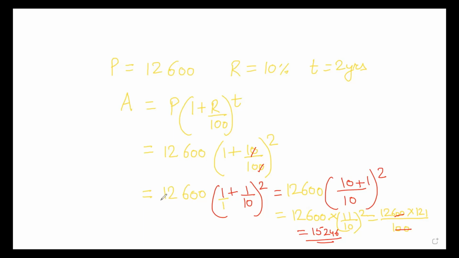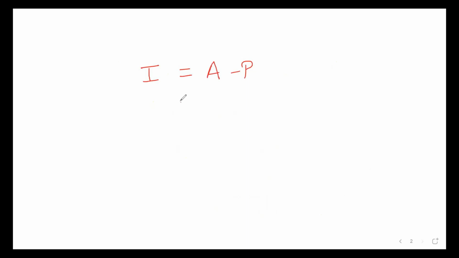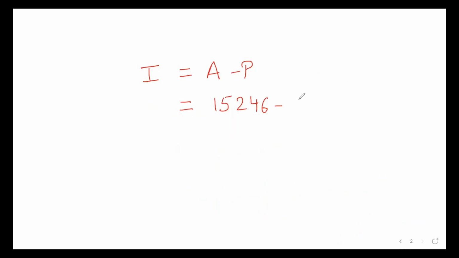Now if the question is asking to find interest, so what we can do in that case, to find interest we apply amount minus principal. So we are having amount as we just calculated, that is 15,246. So from this 15,246, we'll subtract the principal, and the principal we are having as 12,600. So we'll just subtract it to find the interest.